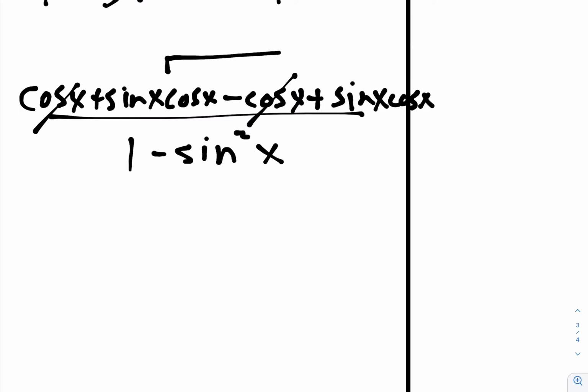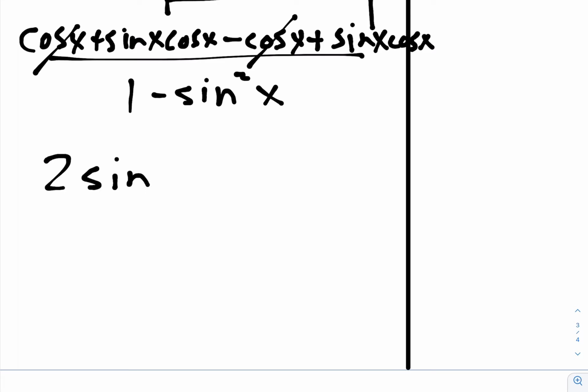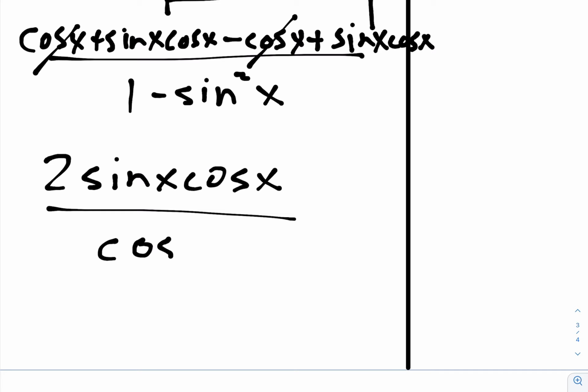And I see that we have a sine x cos x plus another sine x cos x. So this is going to be 2 sine x cos x on the top, divided by 1 minus sine squared, but 1 minus sine squared is also cosine squared. That's another Pythagorean identity that we're often going to be able to use.